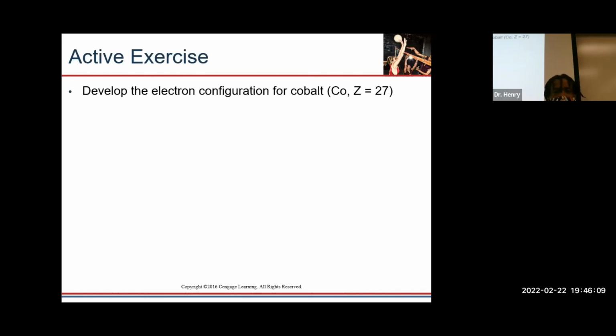So what's going to be the core? Ar. Okay. Questions?